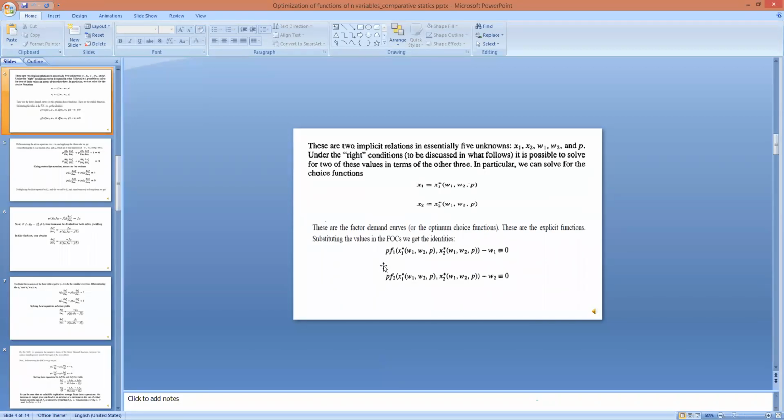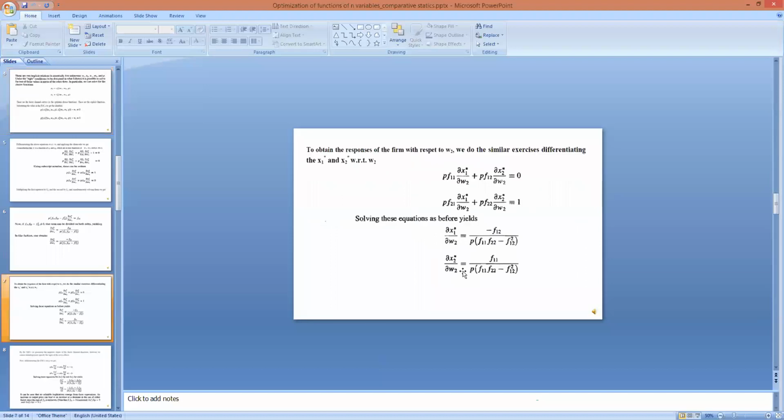So if we take the derivative from this expression, first we are considering P to be constant, then we are taking the derivative of F1 with respect to P. So we get F11 into del X1 star by del P, and then P F12 del X2 star by del P. Finally, we are considering this part to be constant and taking the derivative with respect to P. So we are getting this F1.